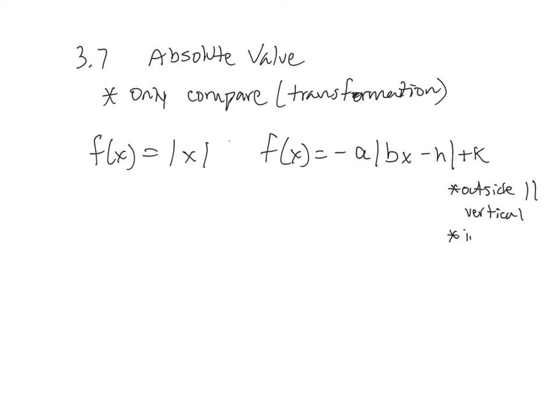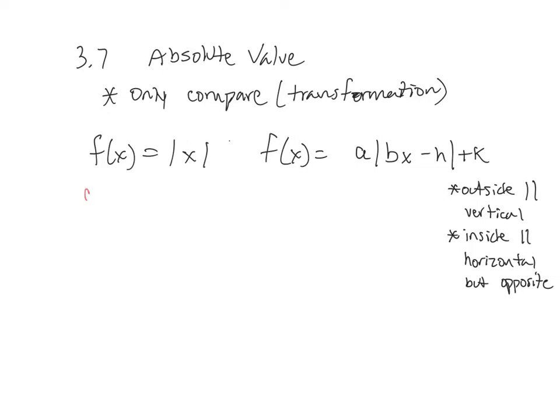And then inside the absolute value, it's going to be horizontal, but opposite of what it would be like if it was vertical. So let's go down the list. I'm going to erase this for right now and come back to that.